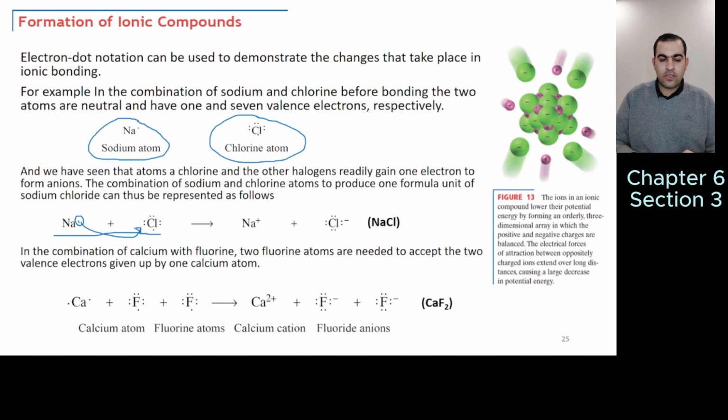If sodium loses an electron, it becomes an ion, and because it has lost only 1 electron, the charge will be 1 positive. Chlorine has gained 1 electron, so now it has 8 dots, the valence electrons, and the chart tells us that chlorine has gained 1 electron.